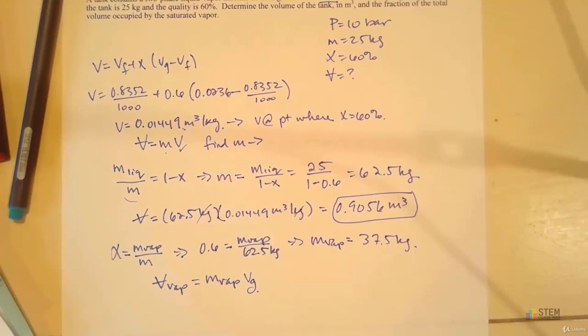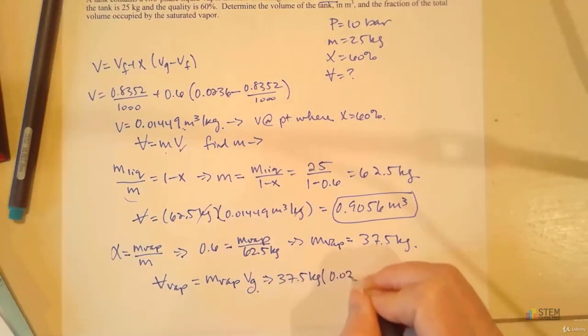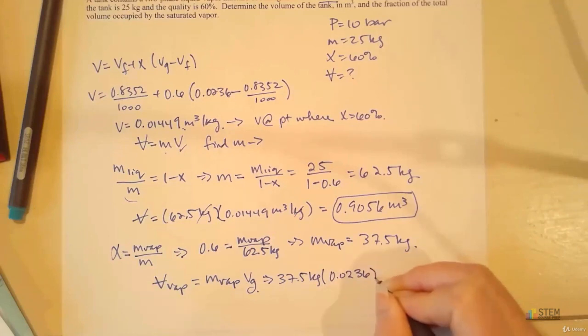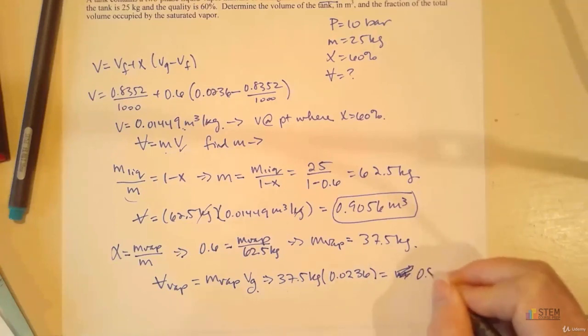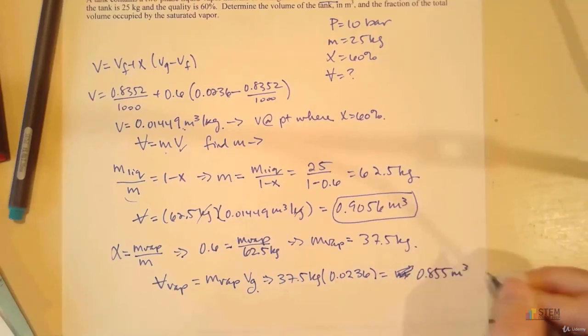Because that's the specific volume you have when quality is at 100%, so it's all vapor at that point. Okay, so we're going to take that mass of the vapor, multiply it by Vg, so 0.0236, and that is going to end up giving you 0.855 cubic meters.